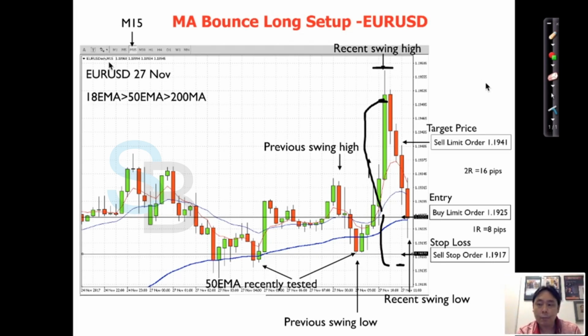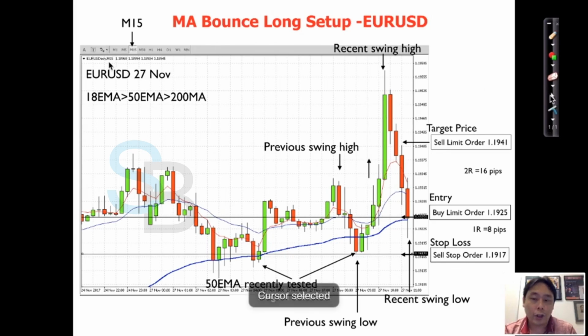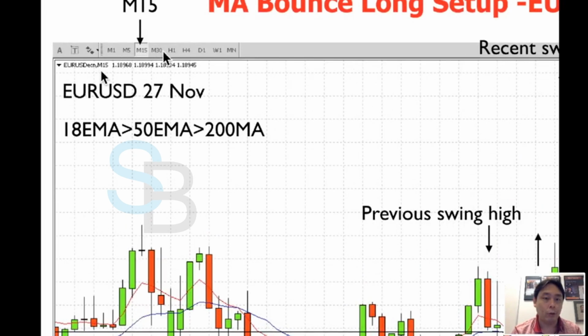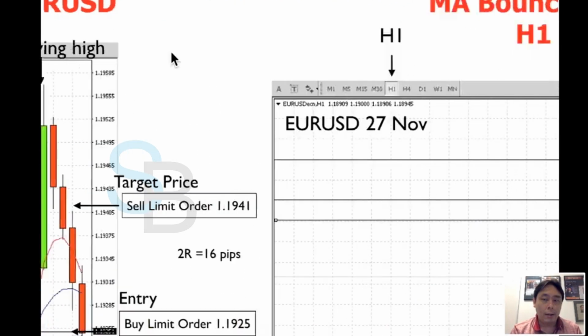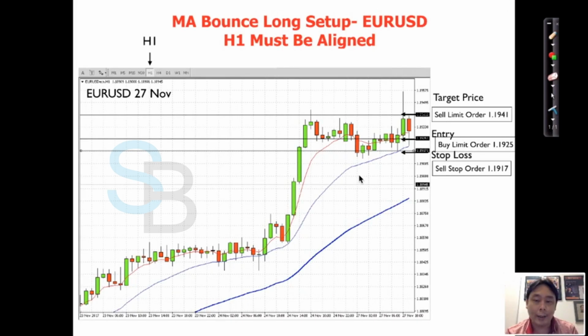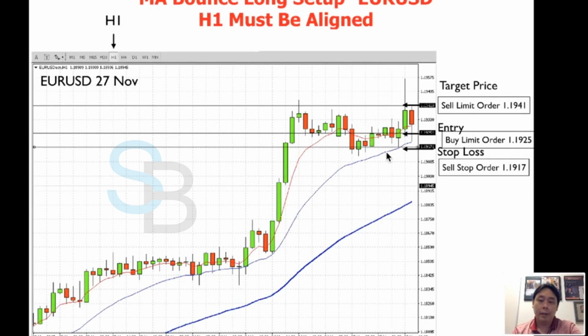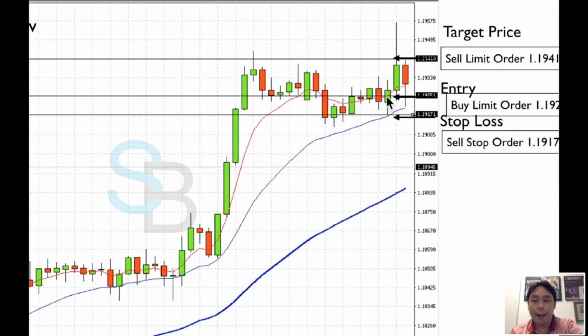Okay. Again, the next thing you do is check the hourly candles. So from 15-minute candles, we go to our hourly candles, and also ensure that on the hourly candles, it is a clear uptrend. Again, the 18 moving average is above the 50, 50 above the 200, clear uptrend. All right. And again, my entry price is here, this line.